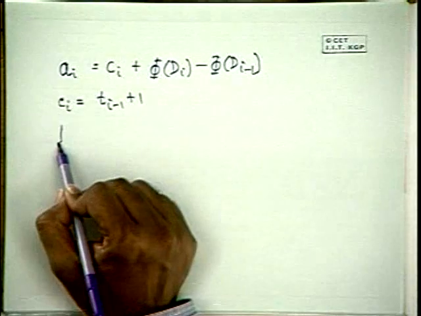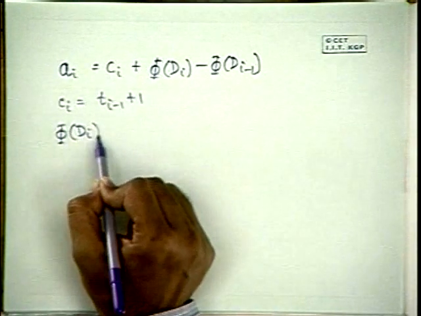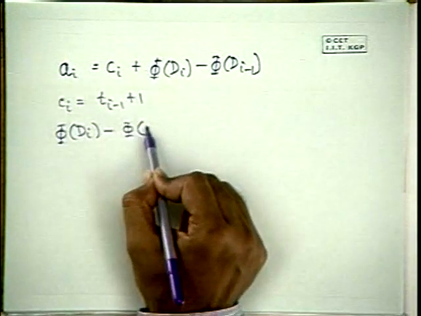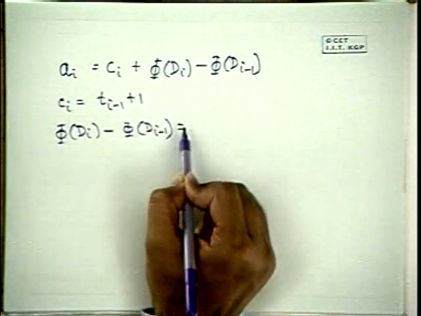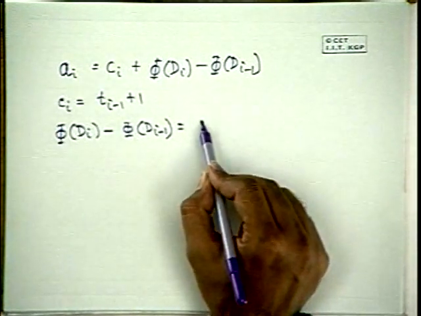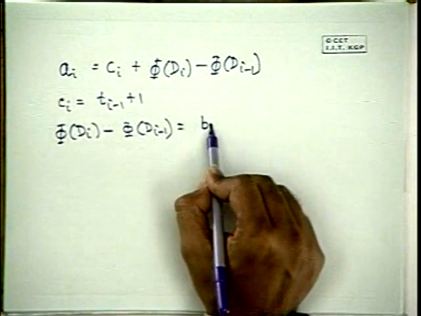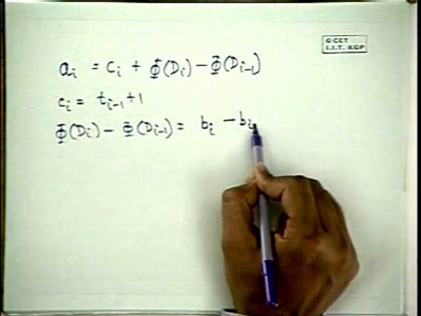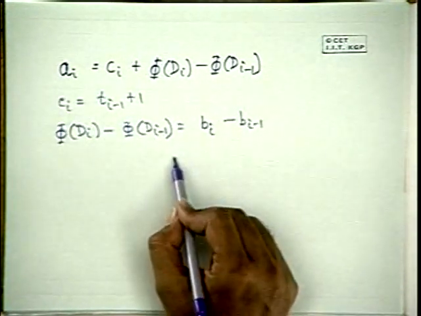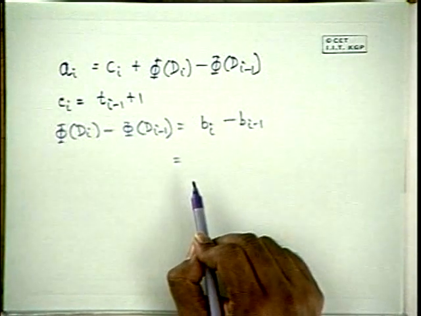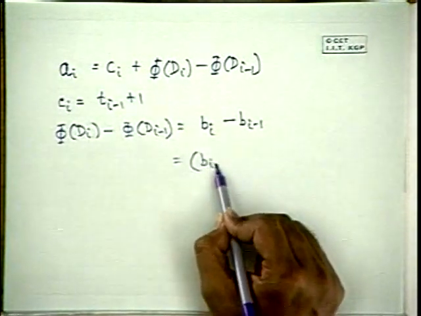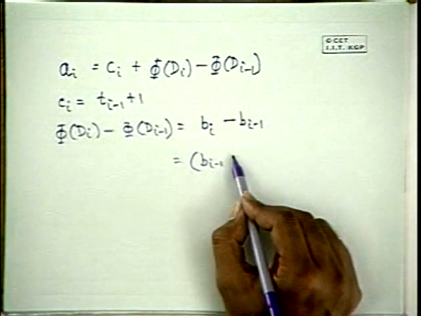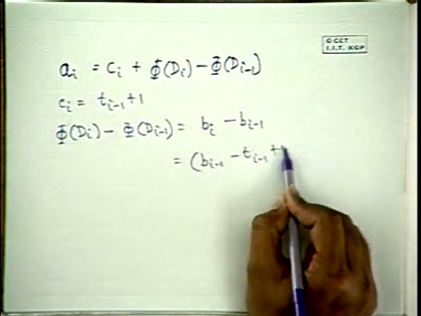Now let us see what is the change in the potential. We want to measure phi of Di minus phi of Di minus 1. By definition this is equal to Bi minus Bi minus 1. Now what is Bi in terms of Bi minus 1? Bi is Bi minus 1 minus Ti minus 1 plus 1.